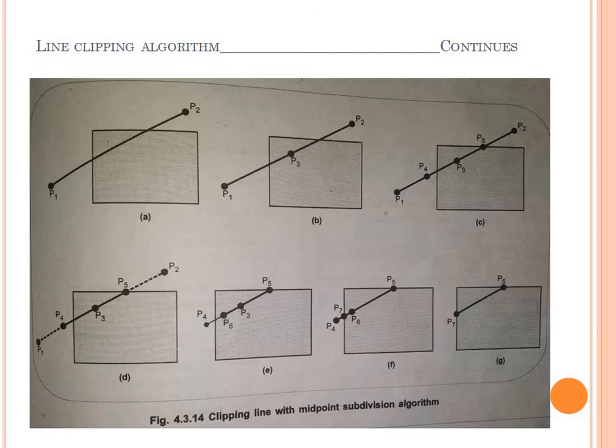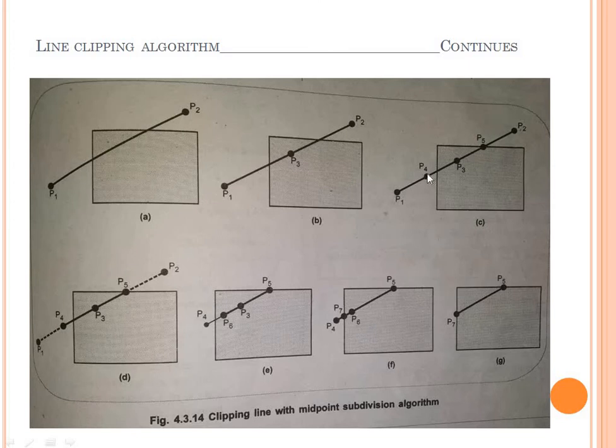Both the line segments are tested for visibility and found partially visible. P1 P3 is partially visible, and P3 P2 is also partially visible. Then both the line segments are subdivided into two equal parts.